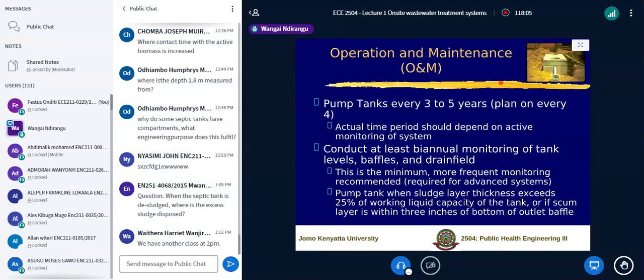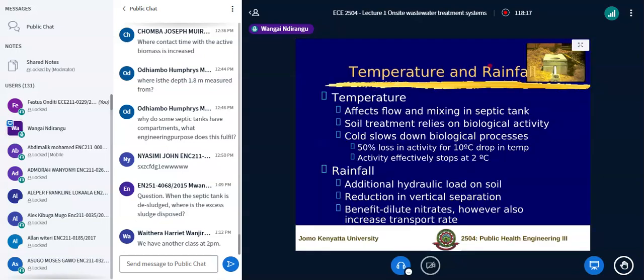Maintenance, I think we talked about this, that yes, this system is not maintenance free. They need to be desludged every 3 years or so. The temperature, of course: low temperatures mean that the biological life is not as active. The plant life in the disposal field is not as thriving.